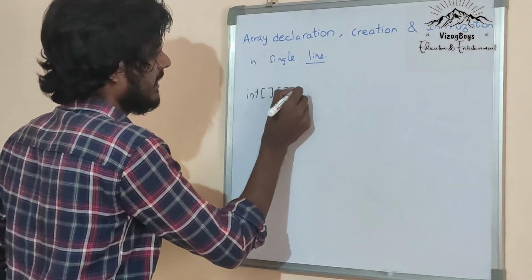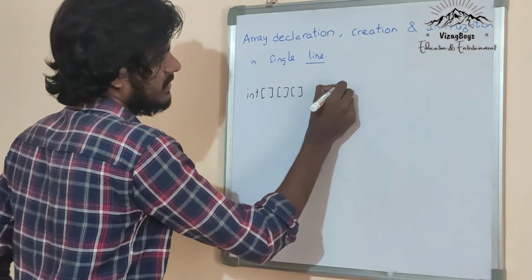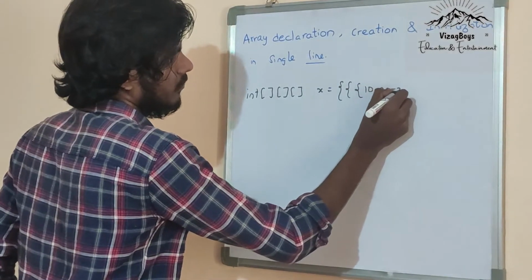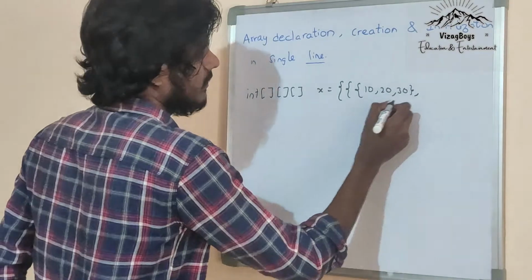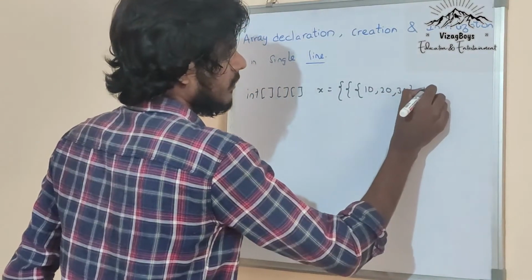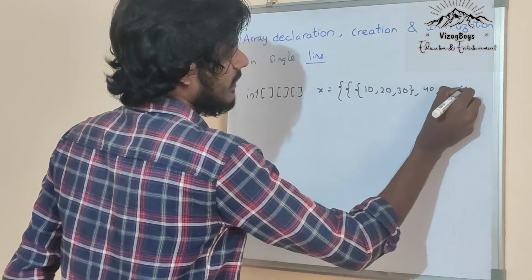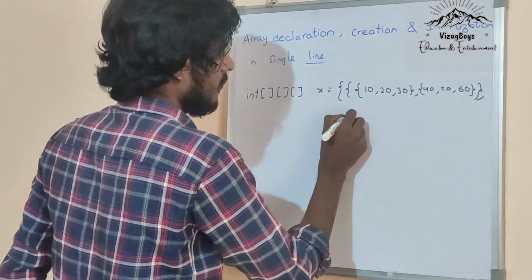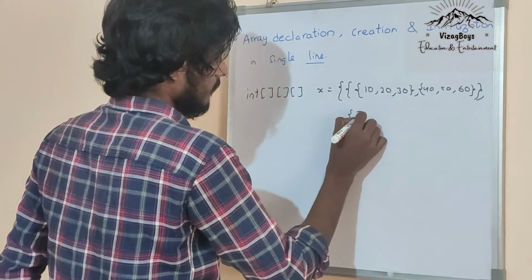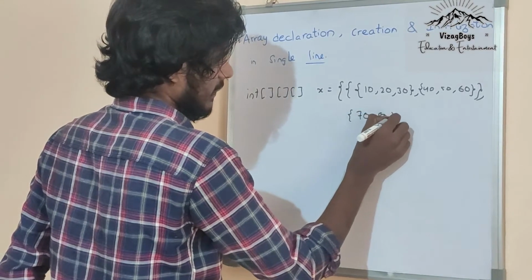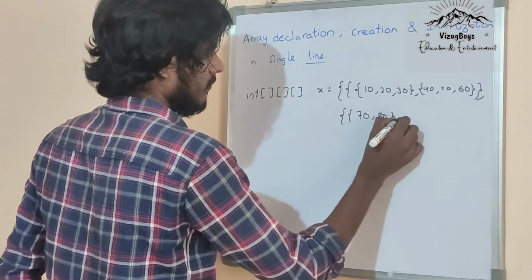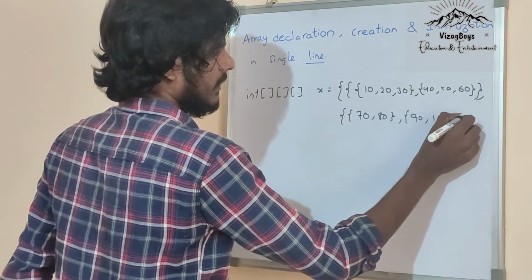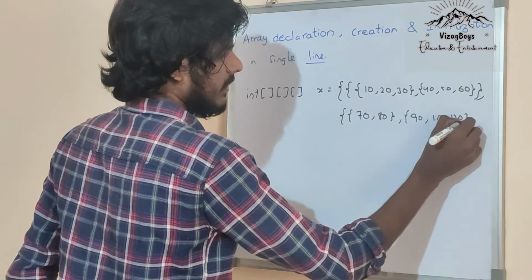Int three-dimensional array x is equal to 10, 20, 30, 40, 50, 60, 70, 80, 90, 100, 110.